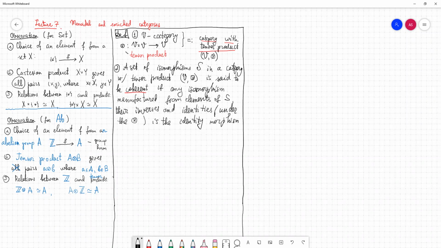What does it mean under the tensor product? That we will combine tensor product operation together with isomorphisms from S, their inverses and identity. So together making all possible morphisms from a single object will be identity morphism.